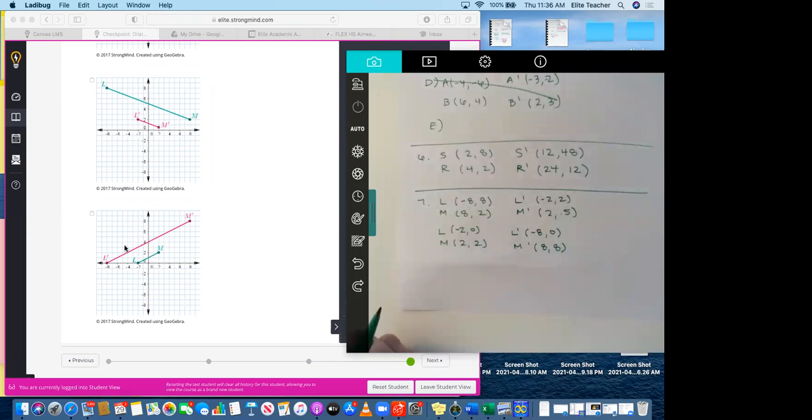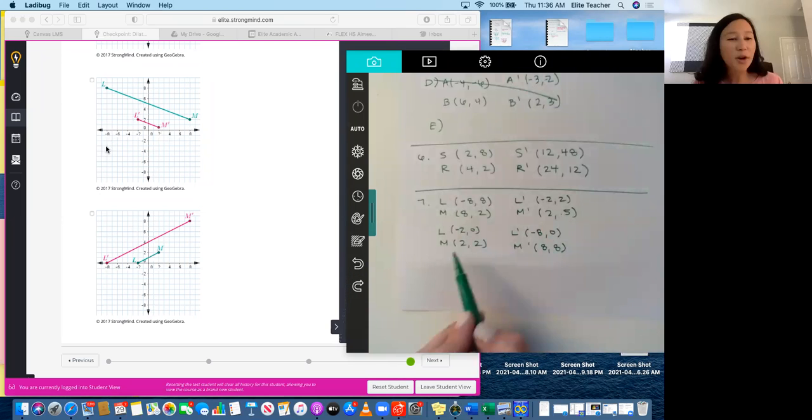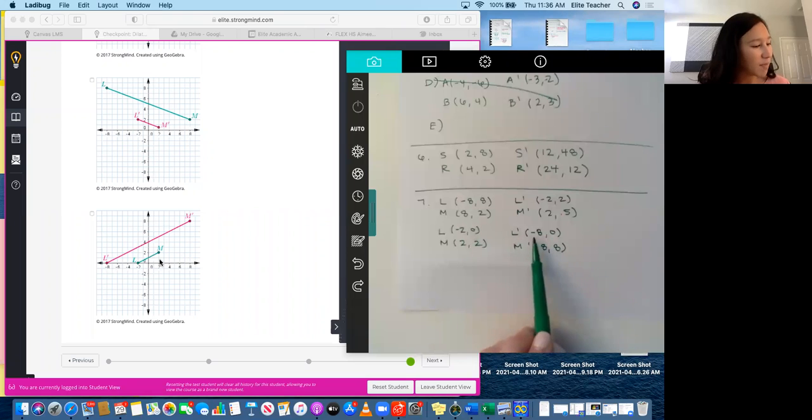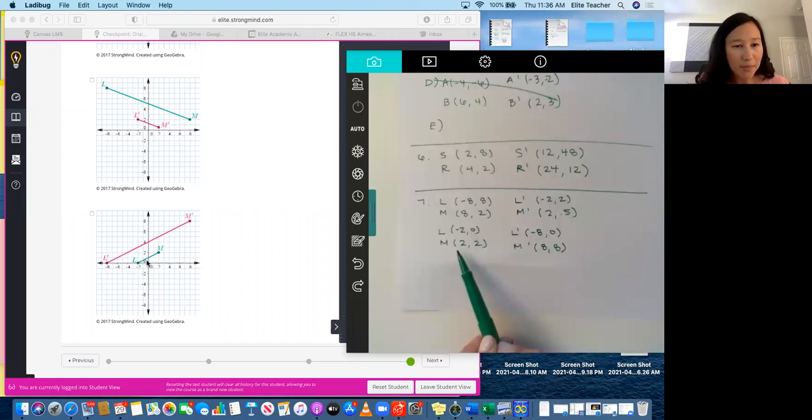So which ones are the right ones? Let me go over the last one. L was at negative 2, 0. And when I multiply both of those by 4, I got L prime, which is what they gave me, negative 8, 0, and M. The same thing. So these points were dilated by 4.